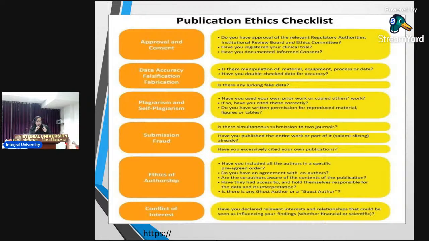So the first thing that you have to be very conscious about is approval and consent, right? What are the questions you are going to ask yourself? Do you have the approval of the relevant regulatory authorities?